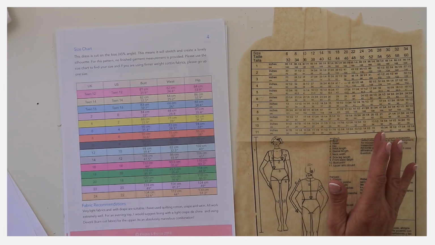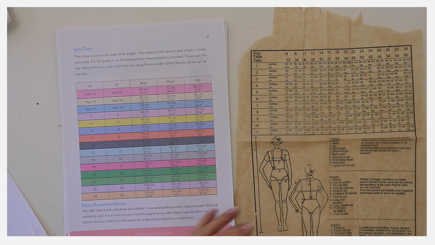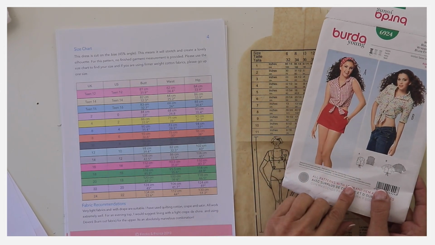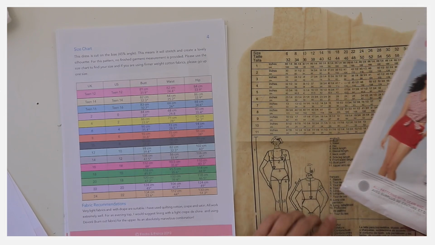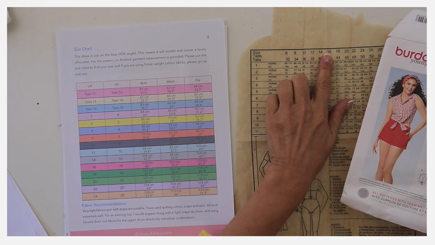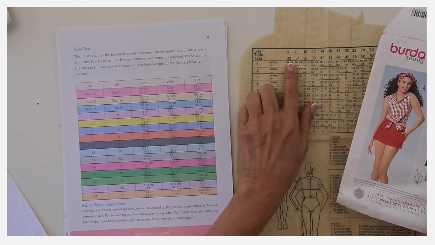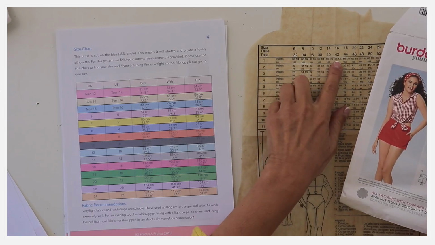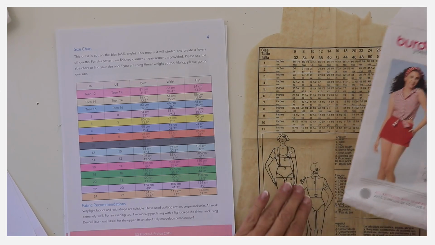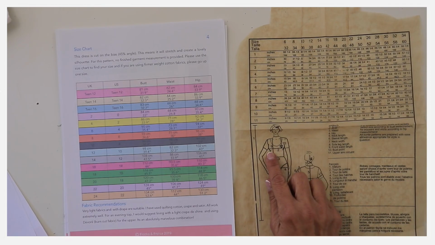like Burda. Here we have the measurement chart for my little Burda Young here, and it goes US size 6 to 16 in this packet and European 32 to 42. Now, if I look at the bust measurement, I'll do that first because that's the most striking.